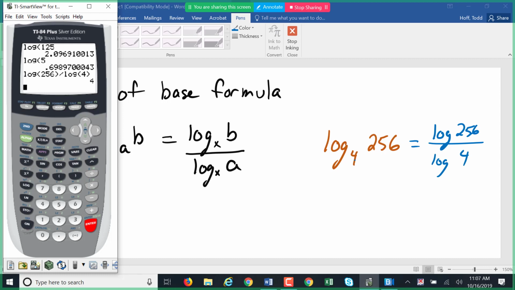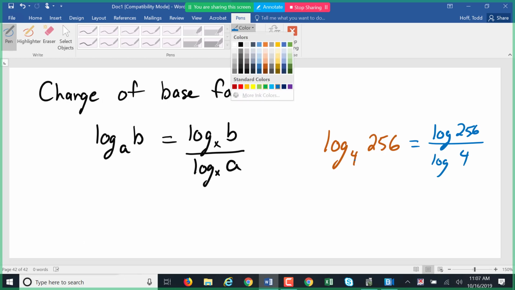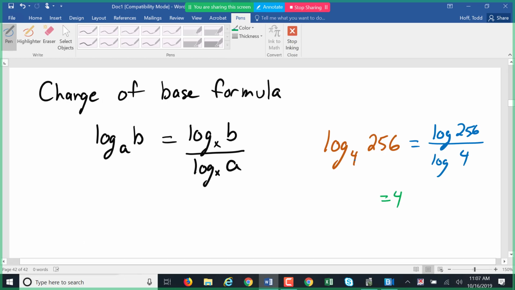Gives us 4. Notice if we used ln of 256, close the parentheses, divided by ln of 4, close them up again, that also gives us 4. 4 to the power of 4 equals 256. So log base 4 of 256 is 4.